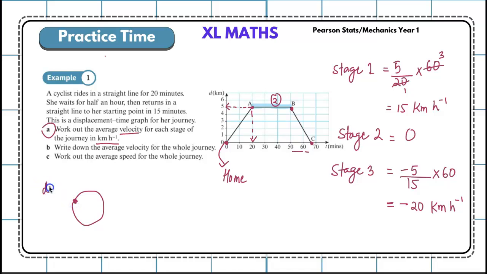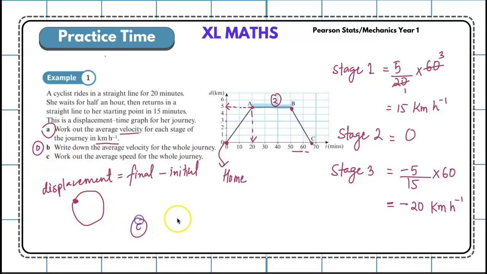Displacement is final location minus initial location. When initial and final are the same, obviously it's going to be zero. When it is zero, your average velocity will also be zero. So B part will give us zero only, correct?